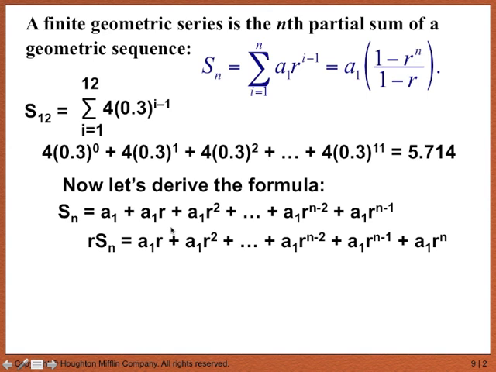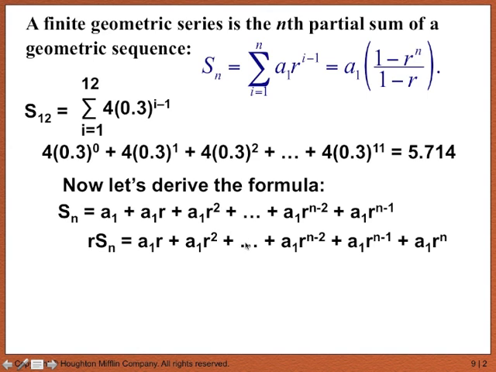And then this next term is a sub 1 r, but notice that if I multiply that second term by r, I get a sub 1 r squared. And then this third term of S sub n is a sub 1 r squared. And this term here, which is the third term of r times S sub n, that's just the dot dot dots. But all that would be is a sub 1 r squared times r, which is a sub 1 r cubed.